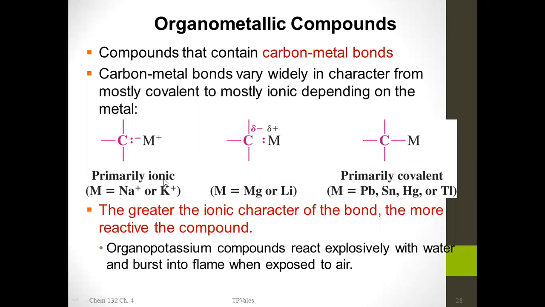But when the electrons really belong to the carbon atom and the metal is depleted of electrons, such that the metal bears a positive charge and carbon bears a negative charge, just like a carbanion, this kind of carbon-metal bond is primarily ionic. Usually you see this when the metal is sodium plus or potassium plus. A carbanion will always be paired with either sodium plus or potassium plus.